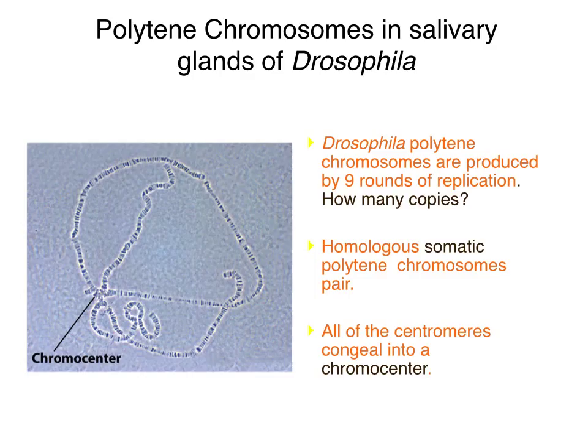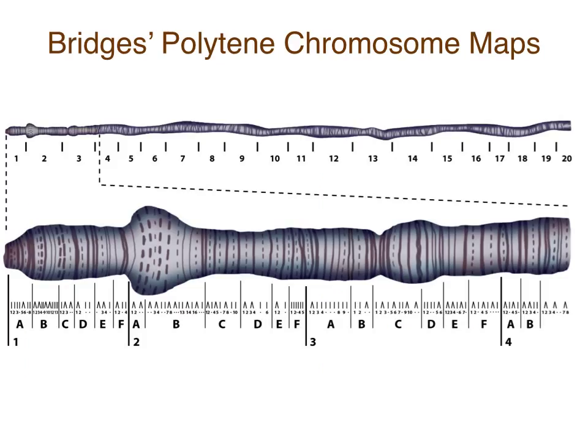You're going to be able to create a really high resolution, fine detail map when you stain these chromosomes, and that's exactly what we do with the cells in the salivary glands of Drosophila. And so this is what they look at. Bridges, you remember Bridges in Morgan's lab, the postdoc or grad student, whatever he was. He then did that and created these very high detail, high resolution chromosomal maps for Drosophila.